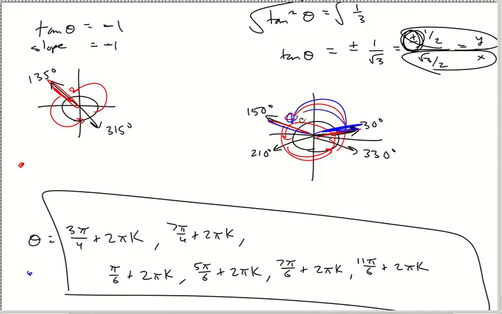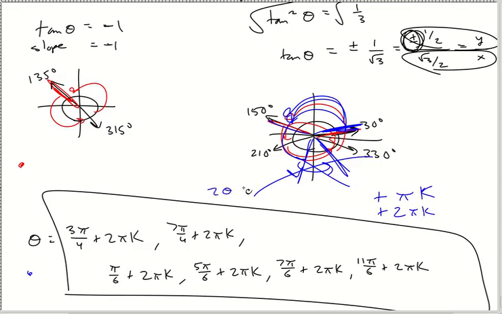Because then you'll add that same amount, and you'll end up like down here, and then you'll end up like over here maybe. Those are not angles, those are not answers. You can't just add this. It's almost always going to be plus pi k or plus 2 pi k. Or if you actually had like a 2 theta or a 3 theta, then you would divide those by 2 or 3 or whatever it was, okay?